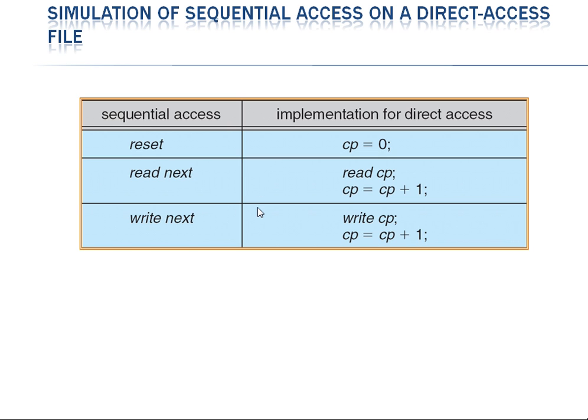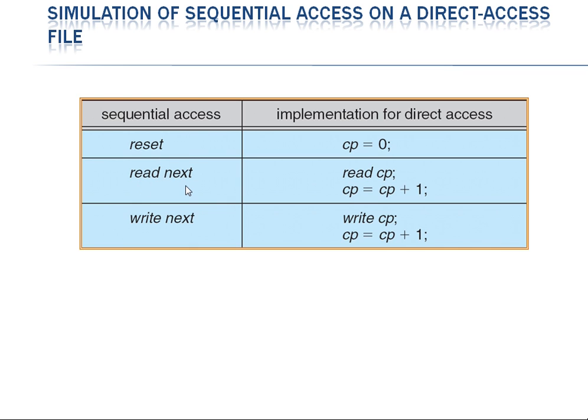Now here is a simulation of sequential access on a direct access file. If we are performing a reset in sequential access, let us see how it is implemented. It is implemented using the current pointer. CP stands for current pointer. The current pointer will be initialized to 0 as soon as you perform reset in sequential access.